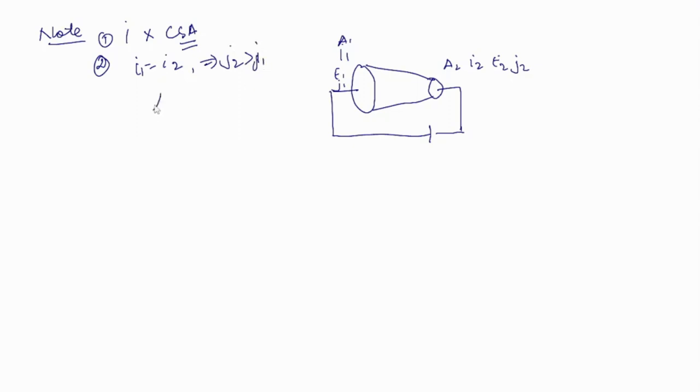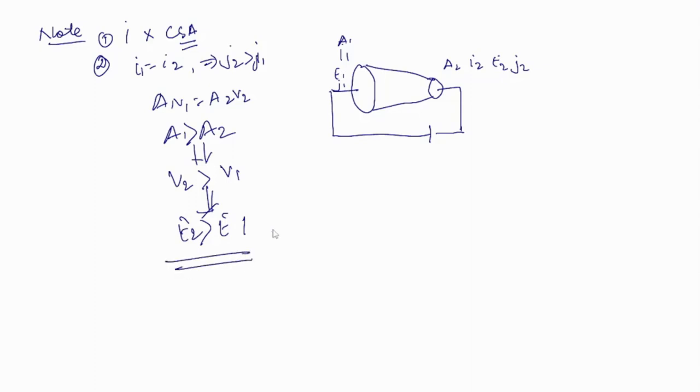And A1 V1 equals A2 V2, and you know A1 is greater than A2, so this implies V2 is greater than V1. So this was a note you can remember, right?